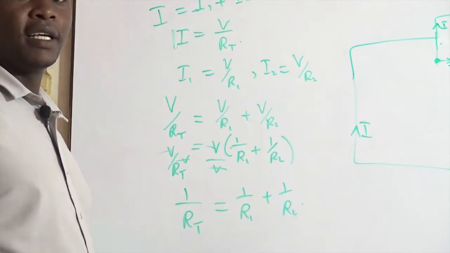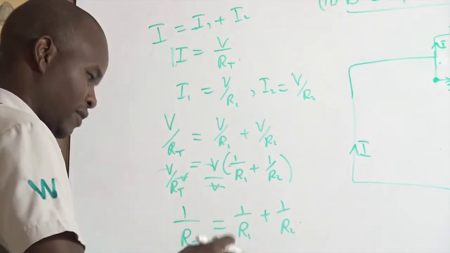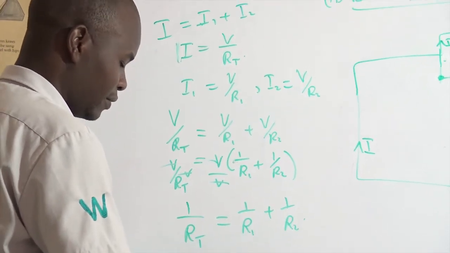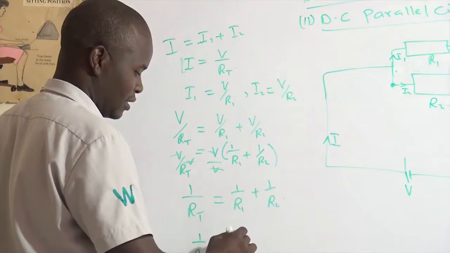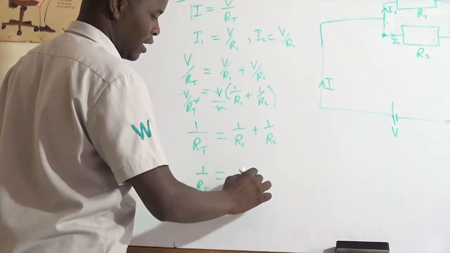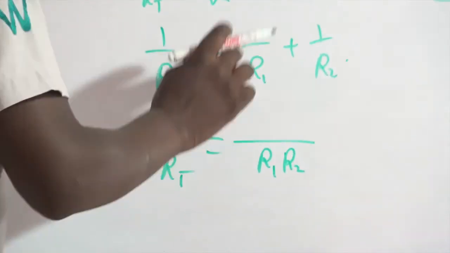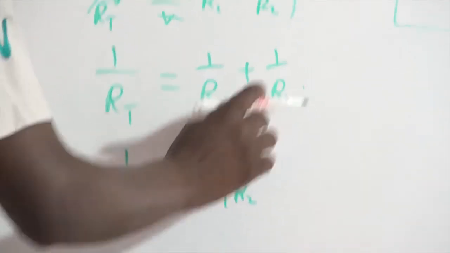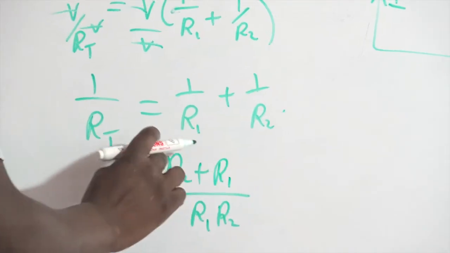But if you take the LCM of this, it will be 1 over RT. The LCM will be R1 times R2. So this will go here R2 times, and this R1 times.